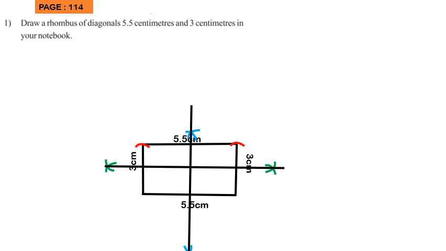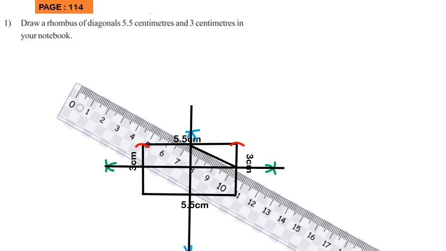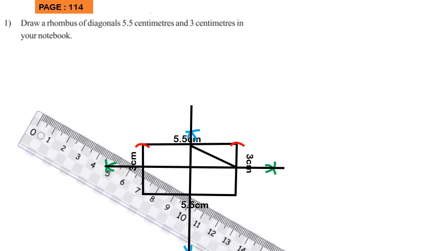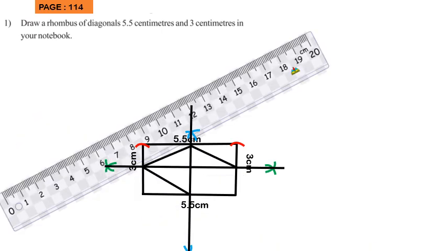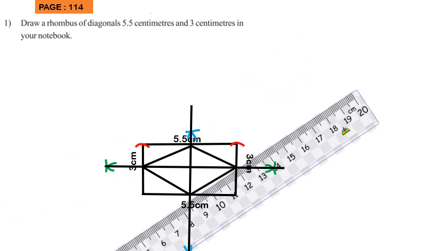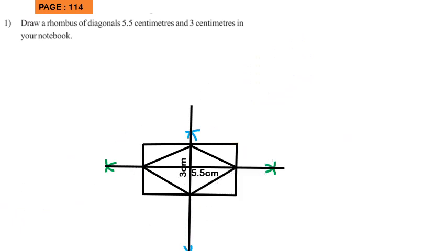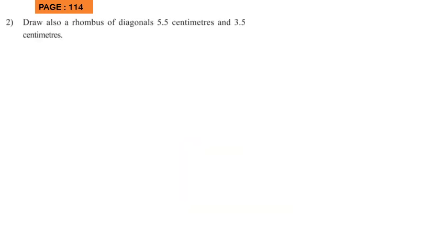Now we get the midpoint of the breadth side. By joining the midpoints of these sides, we get a rhombus of diagonals 5.5 centimeter and 3 centimeter. The same way you can do the second question.